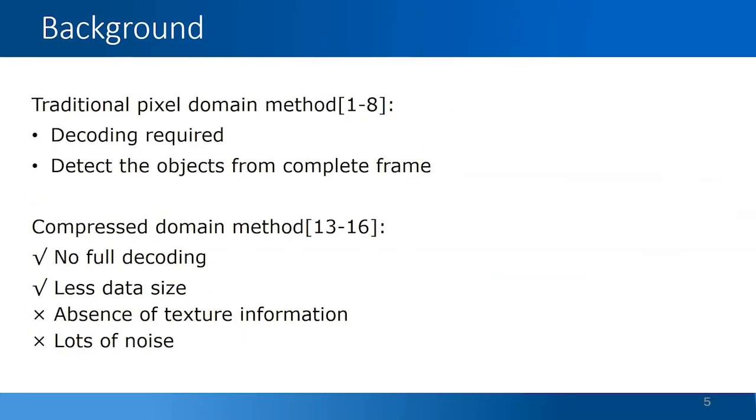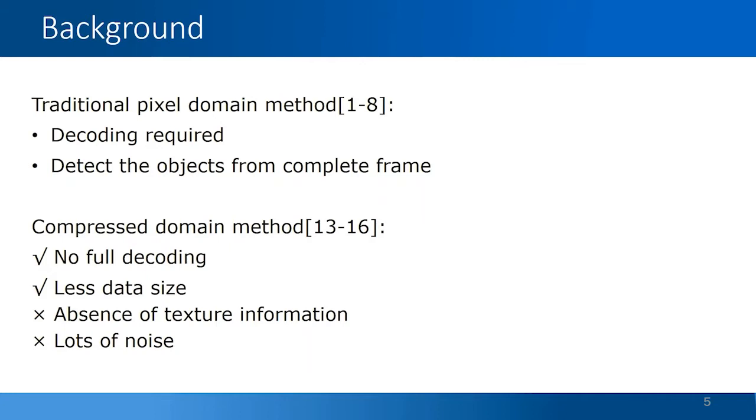The traditional pixel domain method requires decoding, and it detects the object from the complete frame. The pixel domain approach has a high computational effort and intolerable latency. The compressed domain method does not require full decoding. Its information has less data size compared to the pixel domain.